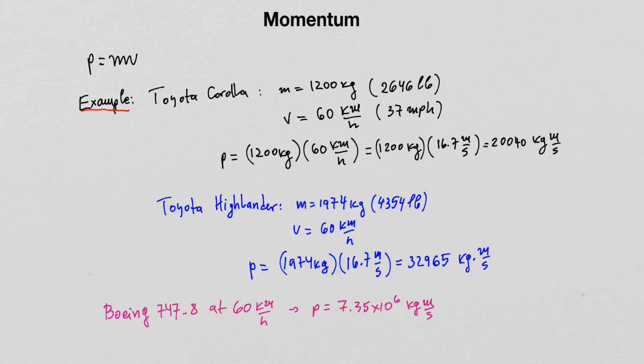So this is in the millions. And 60 kilometers per hour or 37 miles per hour is not a very high speed at all. But you can see how an object that is moving relatively slow but with a huge mass will actually have a really big momentum.